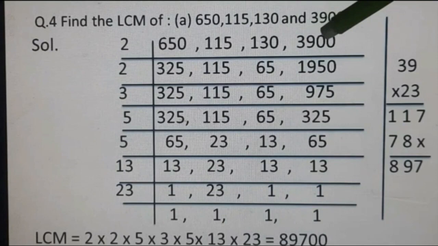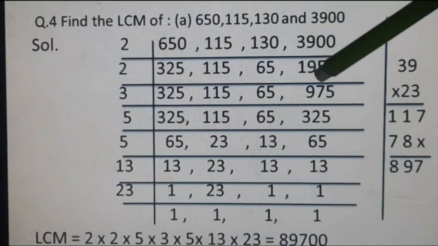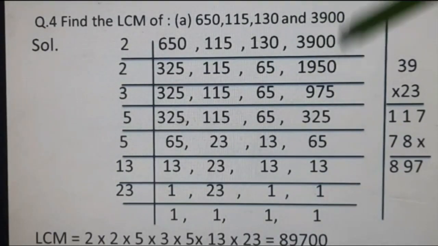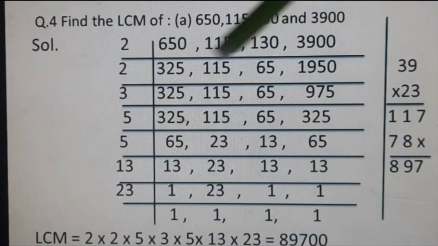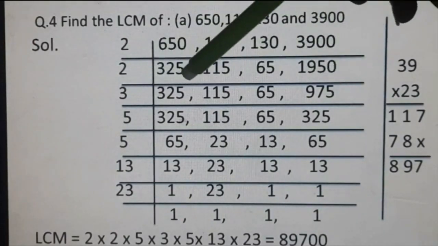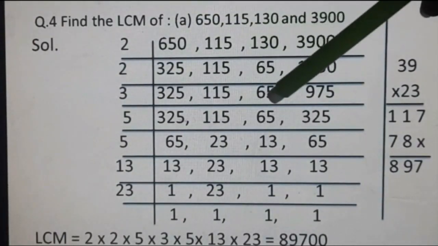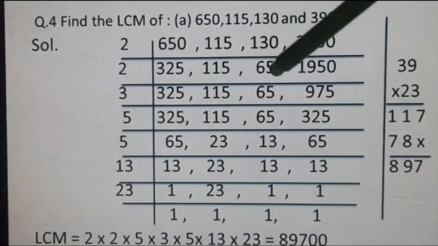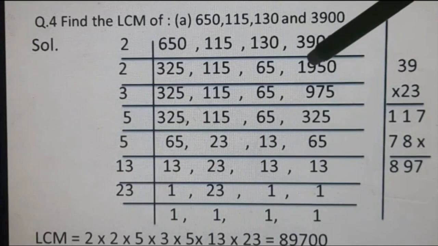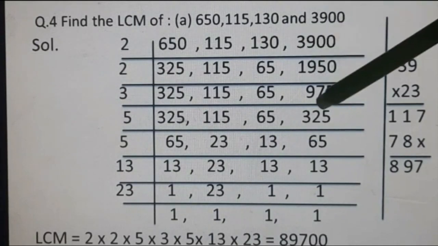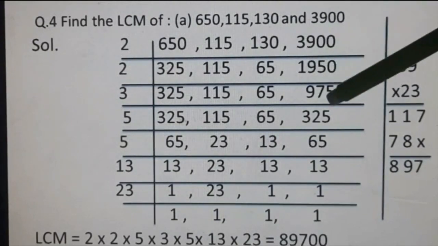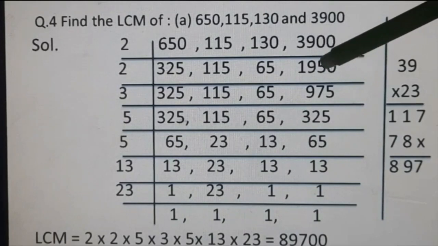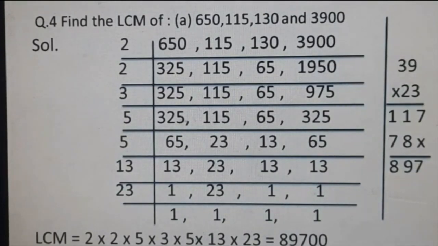Now 3900: 2 1s are 2, 2 9s are 18, 2 5s are 10 and 0. Again with 2: 325, 115, 65 are not divisible by 2, so we will write these down. And now 1950: 2 9s are 18, 2 7s are 14, 1 is left over, it becomes 10, 2 5s are 10. Now there is no even number.